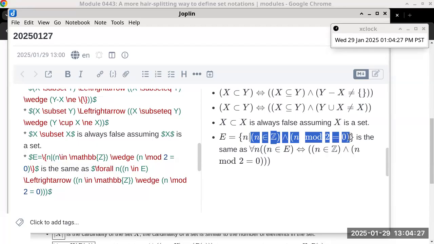Yes. When you want to describe what makes a particular value a member of the set. Yep. In other words, it describes membership. Are we doing okay?